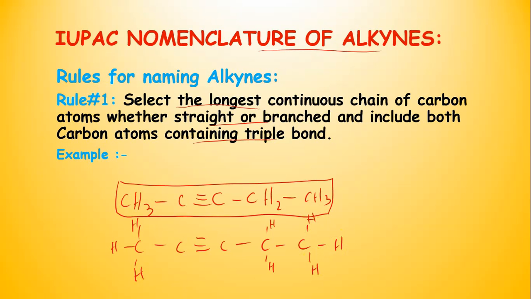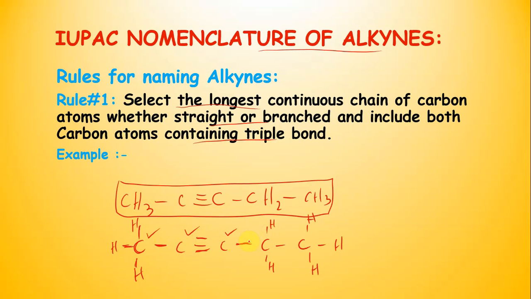So now check the valency of the carbon, whether it is completed or not. That is 4. So this carbon has one bond with this hydrogen, one with this hydrogen, and one with this hydrogen, single covalent bonds, and one with this carbon. So valency is satisfied. Then 1 plus these 3 of the triple covalent bond completes 4.